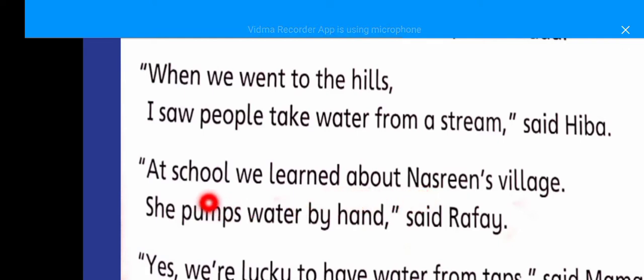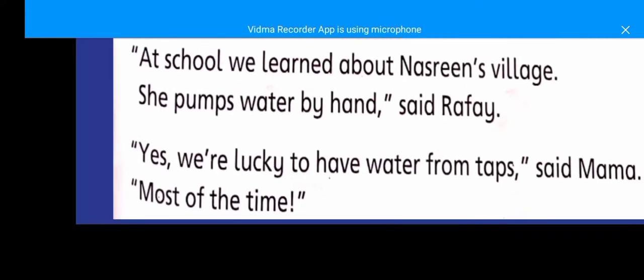So here they are also talking about Nasreen's village, that she pumps water by hand, said Rafe. Now Rafe is telling his experience that he has also learnt in his textbook at school that Nasreen, who lives in a village, uses a hand pump to get water.